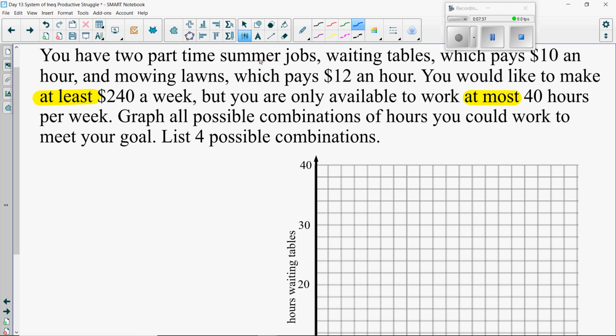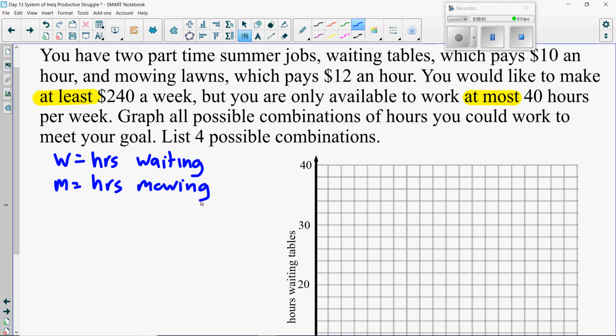So you want to figure out the possible hours you could work for each job. So we'll have one variable for hours in tables, one variable for hours of lawns. Okay, and then we want to try to write our inequalities.